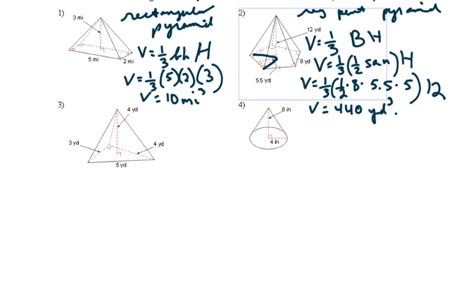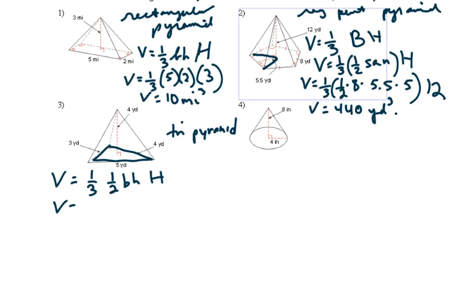All right, so this is a triangular pyramid. Okay, here's the base. It's a right triangle. So volume equals 1/3, 1/2, little b, little h, big H. 1/3, 1/2, little b is 3, little h is 4, and big H will be 4.